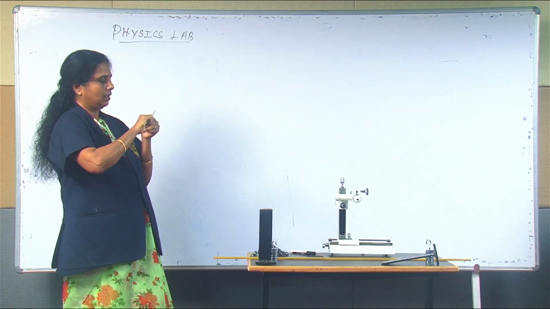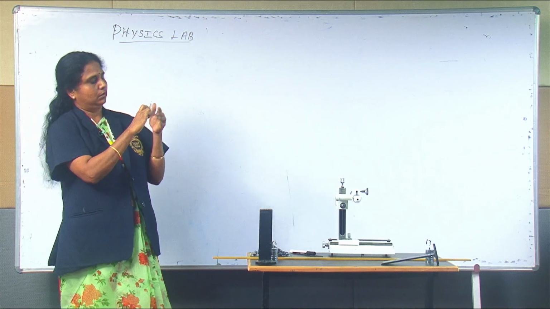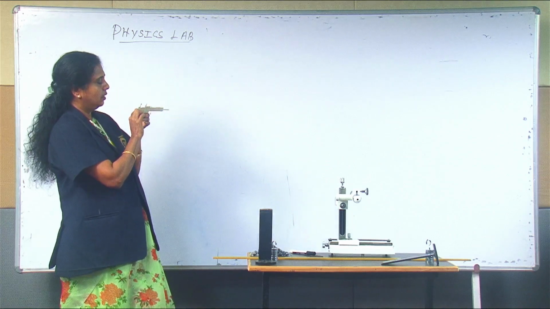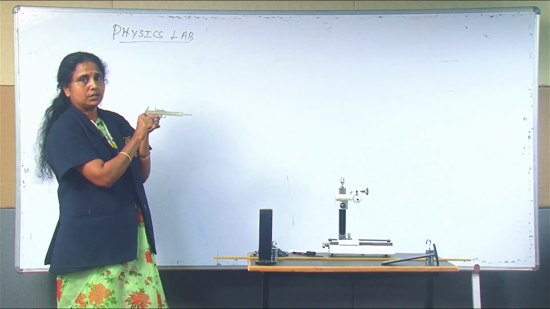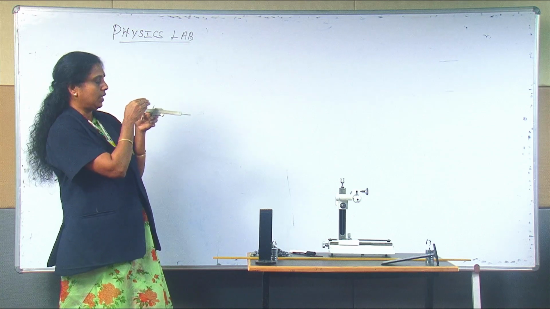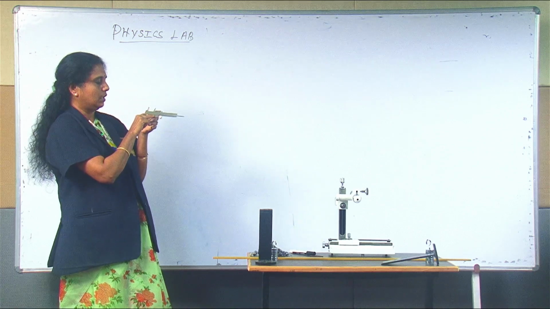Suppose if the breadth is something like that, it comes around 5.1. And after noting down the main scale, out of these 10 divisions in the vernier caliper, which line got exact coincidence with the main scale? So it should be above 0 and below 10. That is the vernier scale reading.